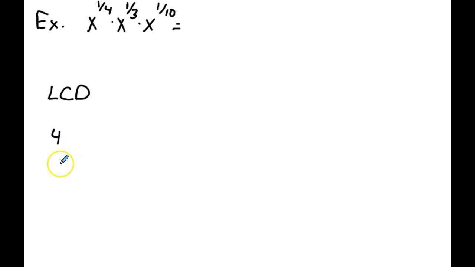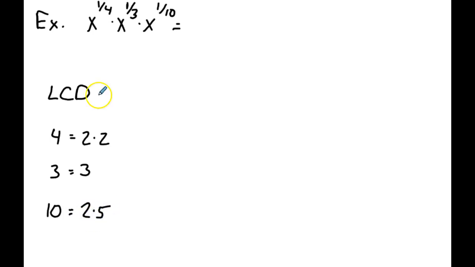So the first thing we should do is write the prime factorization for each of the denominators of our fractions. So the prime factorization of 4 is going to be 2 times 2. The prime factorization for 3 is just 1 times 3. We don't have to write the 1 in there. And then the prime factorization for 10 is 2 times 5.